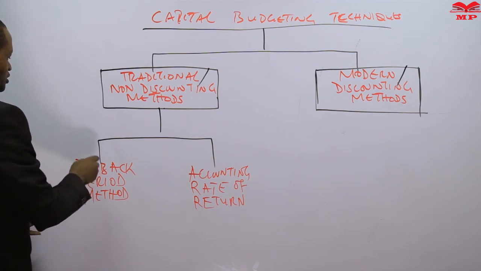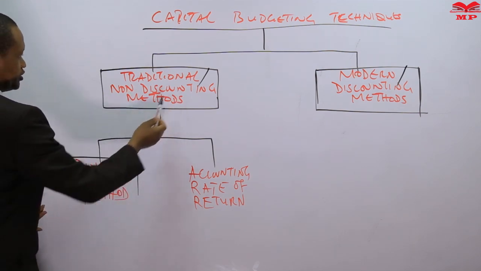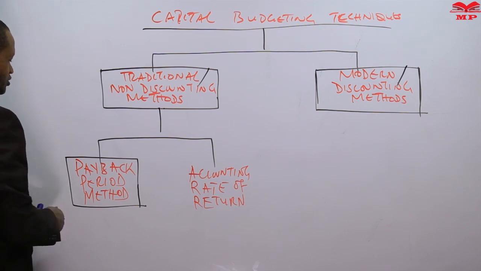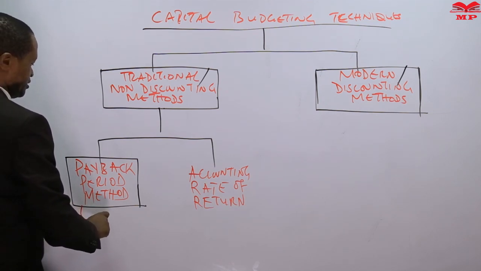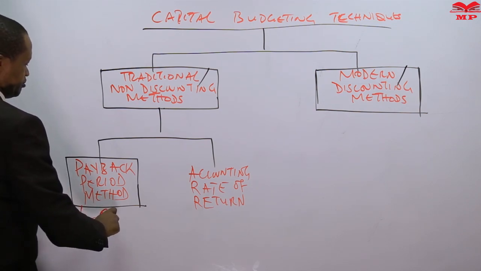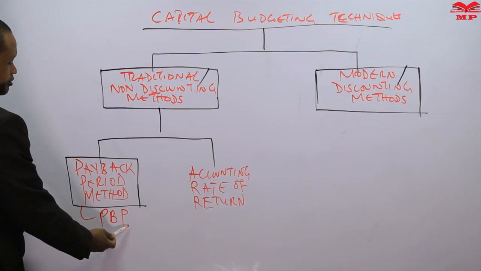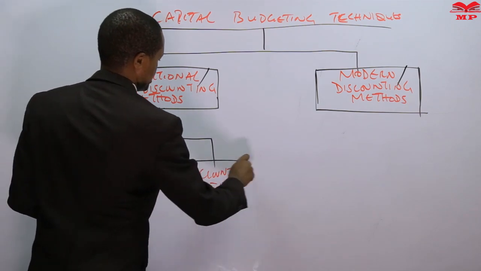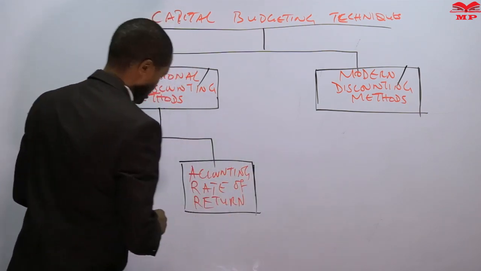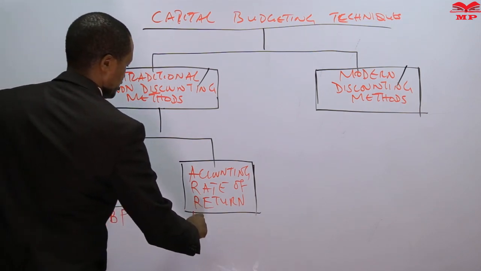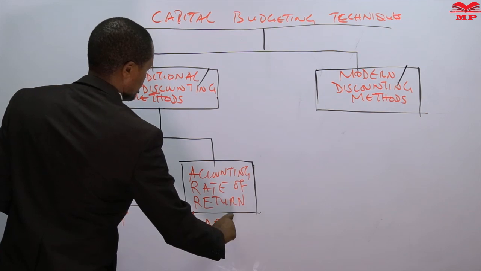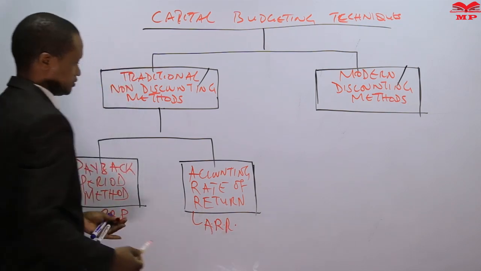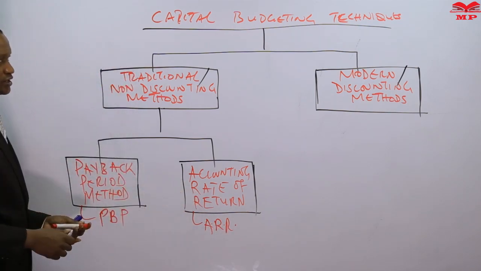So there are two methods we will discuss under the non-discounting methods, that is the payback period, abbreviated as PBP, and the accounting rate of return, abbreviated as ARR.